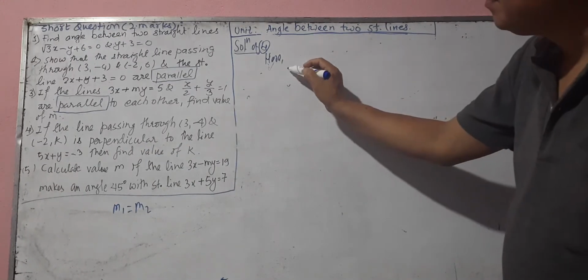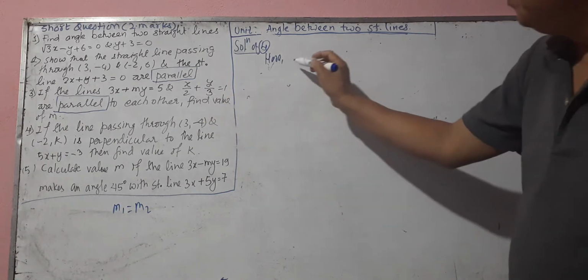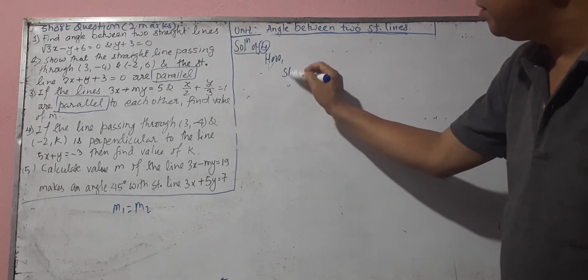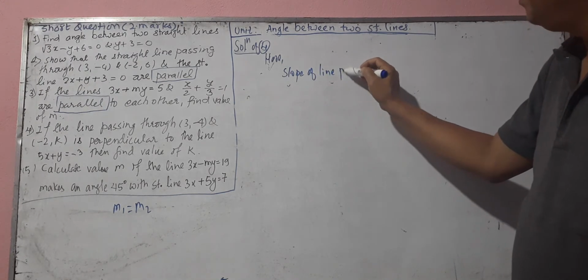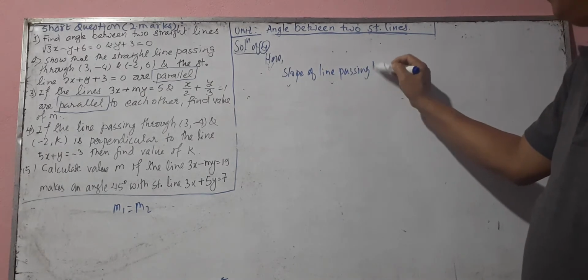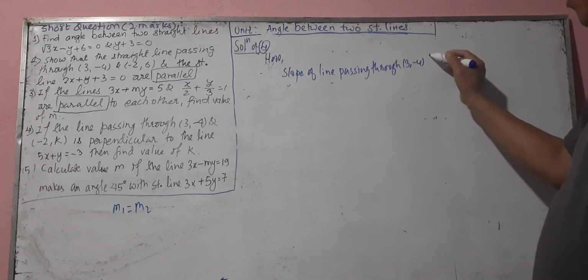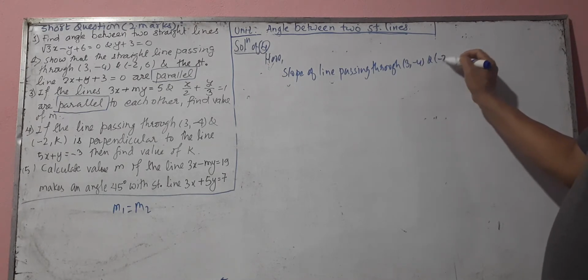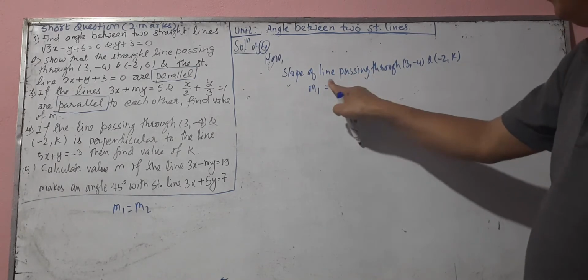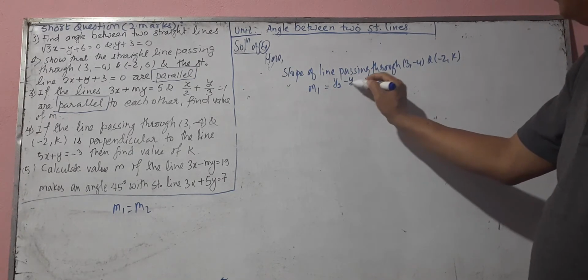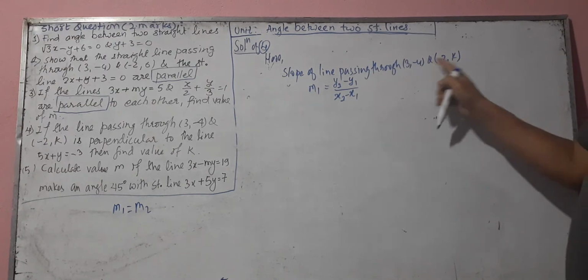Here, one of the lines passes through the two given points. So the slope of the line passing through (3, -4) and (-2, k), that is m1 equal to, we have the formula (y2 - y1) by (x2 - x1), because the line passes through these 2 points.